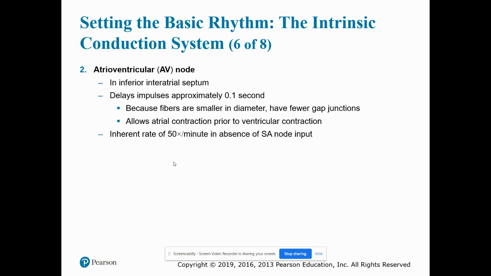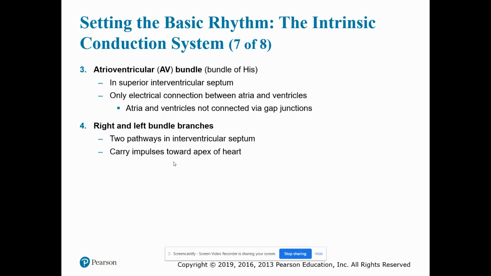The inherent rate is about 50 times per minute in the absence of SA node input. Then we have the atrioventricular bundle, or the bundle of His, and this is in the superior interventricular septum. This is the only electrical connection between the atria and the ventricles. The atria and the ventricles are not connected via gap junctions.